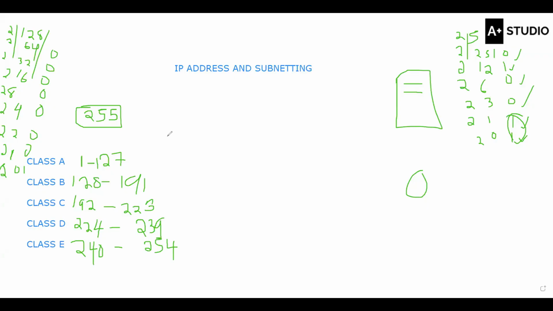All right. If you want to identify that a network is a class A IP address, it should range from 1 to 126.